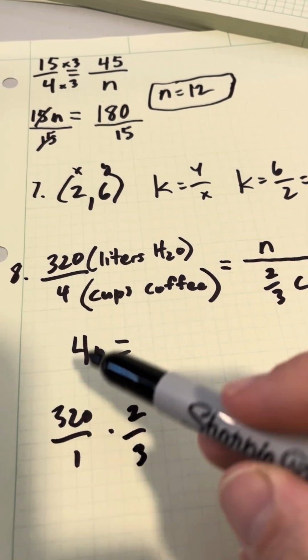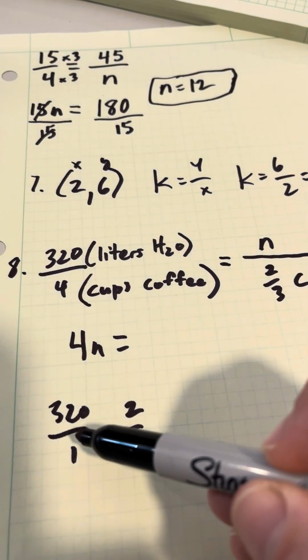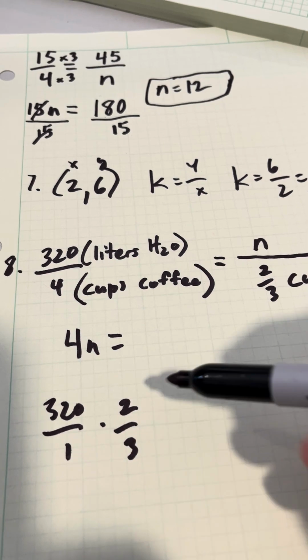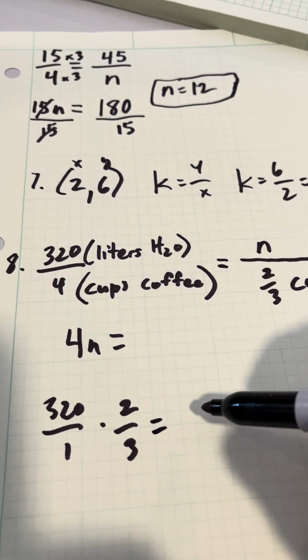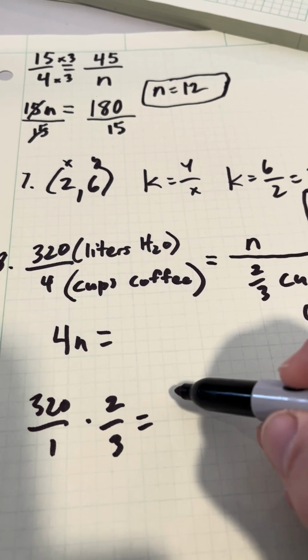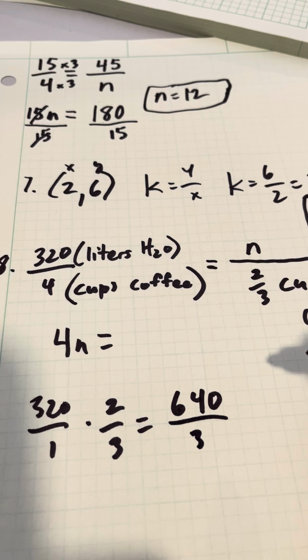That's how we're going to multiply this whole number by this fraction. We're going to take the whole number and put it over 1. That way we have matching numerators and denominators that we can multiply together. All right, so 320 times 2 gives me 640 over 3. Okay?